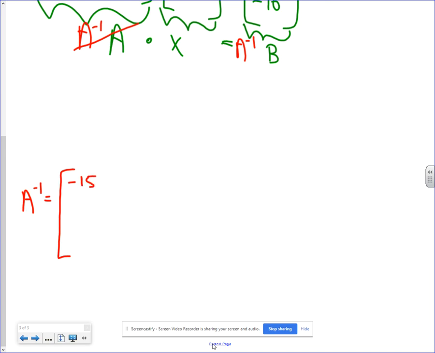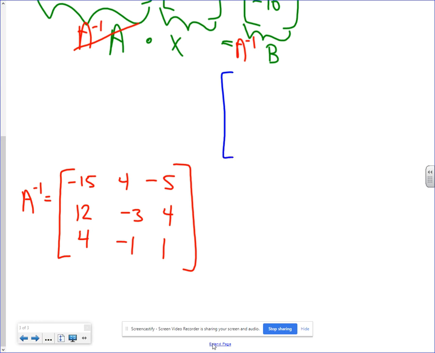Negative 15, 4, negative 5, 12, negative 3, 4, 4, negative 1, 1. So that's the inverse of A. So what do I multiply the inverse of A by? I multiply that by my matrix B. And remember, the matrix B was this matrix, 4, 3, negative 10.